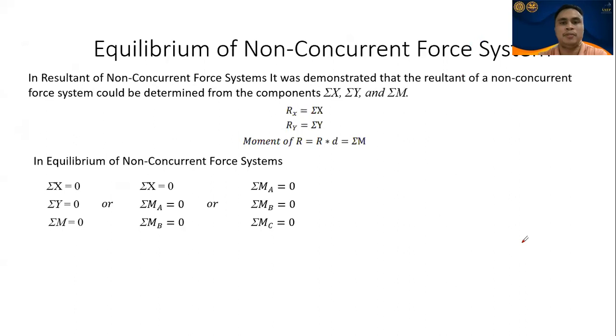Next. So, equilibrium of non-concurrent force system. In the resultant of non-concurrent force system, it was demonstrated that the resultant of a non-concurrent force system could be determined from the components, summation of forces in X, summation of forces in Y, and summation of moment.